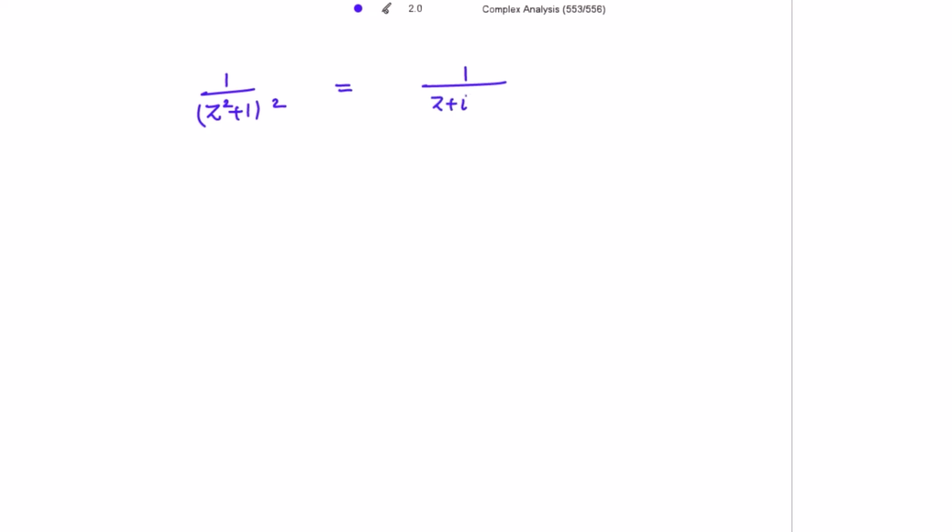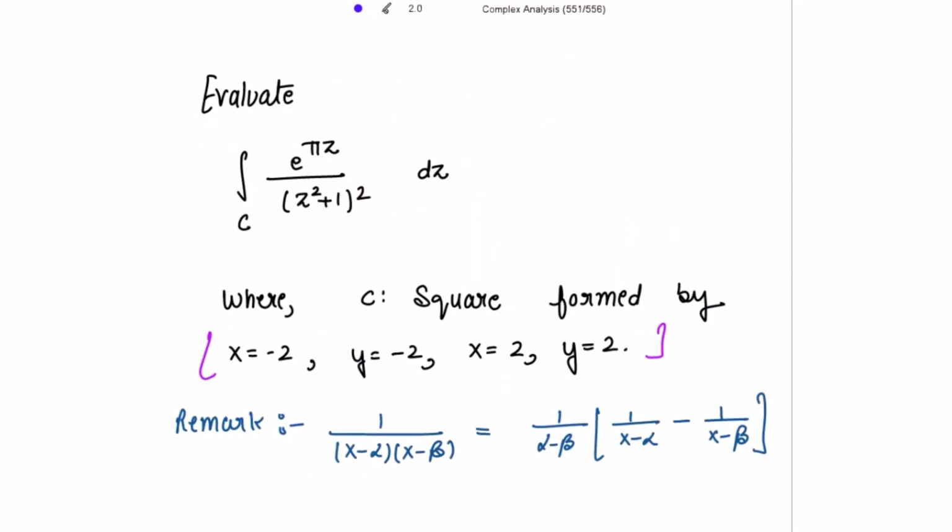It is (z plus iota) into (z minus iota), right? And its square. We know that when taking the partial fractions according to the formula, what is alpha? Alpha is negative iota. What is beta? It is iota. Please remember the format.